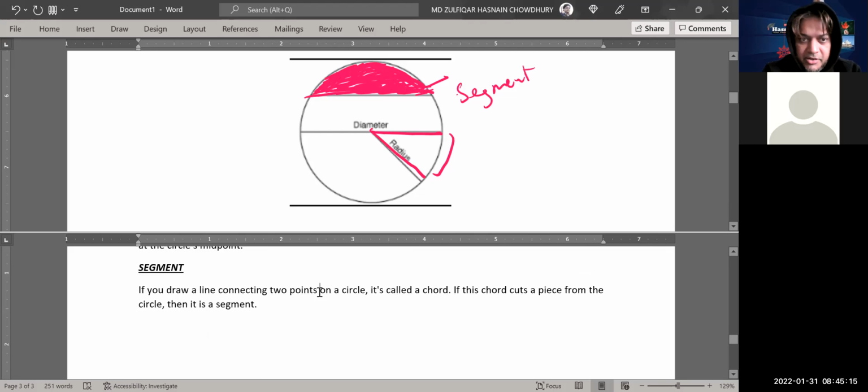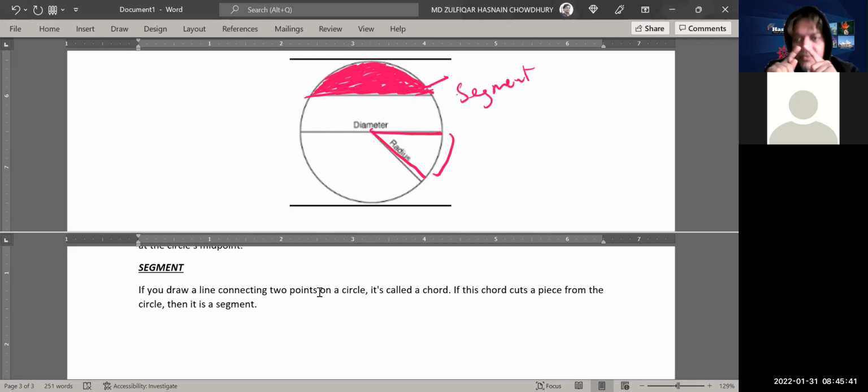So can you read it now? Segment. If you draw a line connecting 2 points on a circle, it's called a chord. If this chord cuts a piece from the circle, then it's a segment. So if any chord cuts the pizza or the circle, you call it a segment.